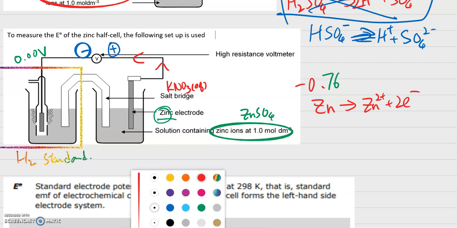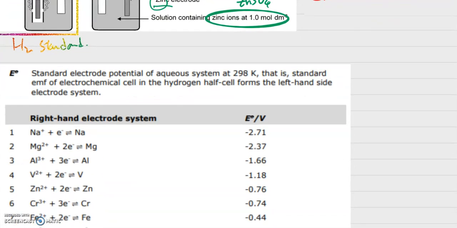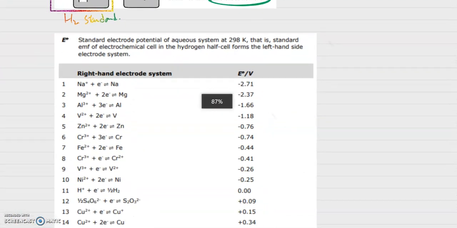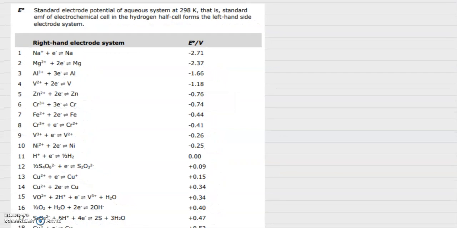By doing this, we can prioritize a lot of different metals and different solutions. In order to know the electrical potential, the following is the electrical potential table, cropped from the International A-Level Data Handbook.